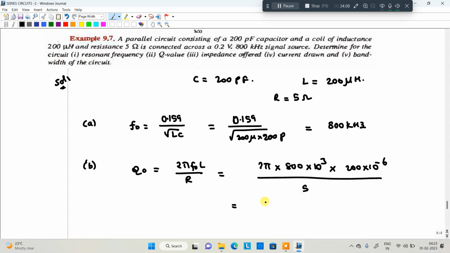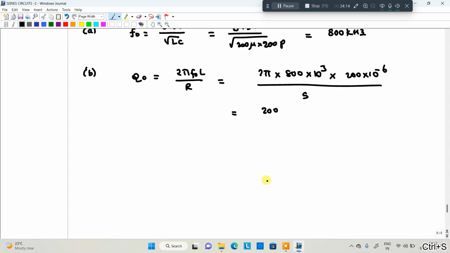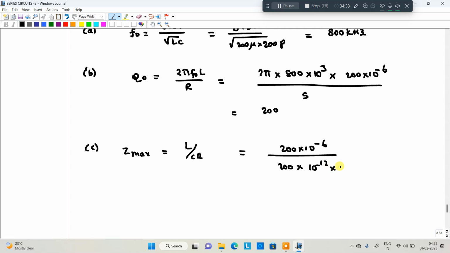You will get quality factor 200. Then the third one is impedance. The impedance is maximum in this case. That value will be L by CR. So L is 200 into 10 power minus 6, C is 200 into 10 power minus 12, into 5, that is equal to 2000 ohms.